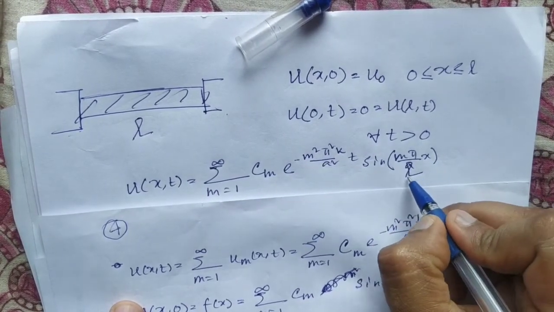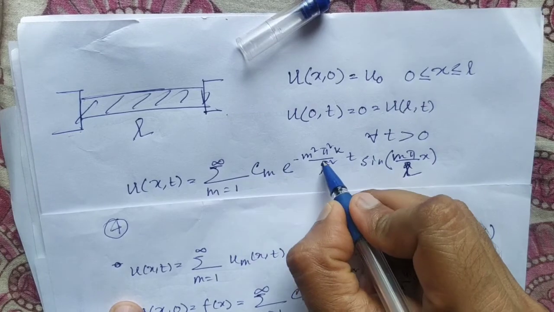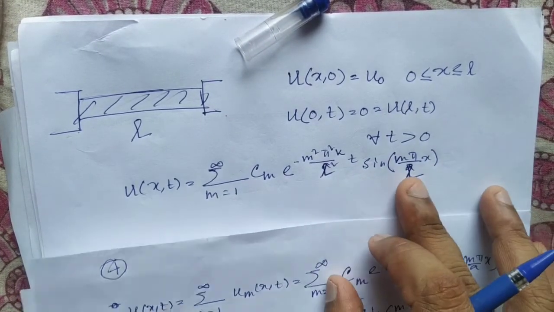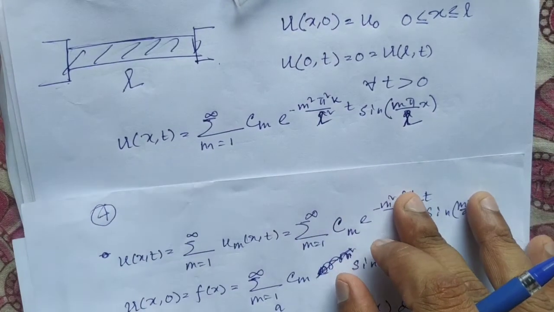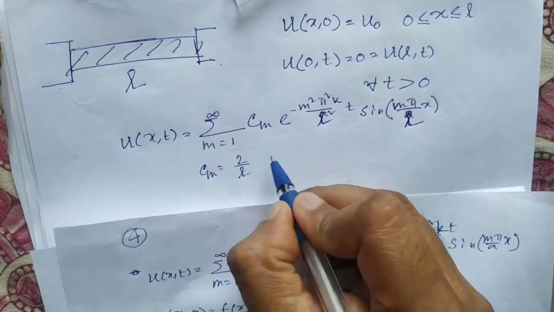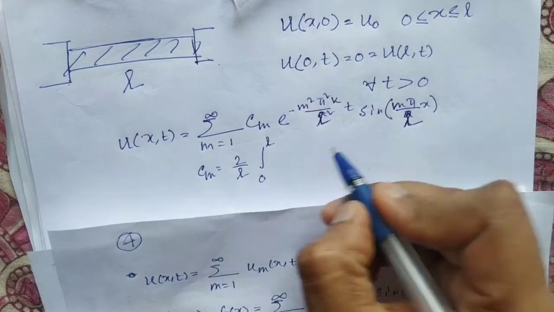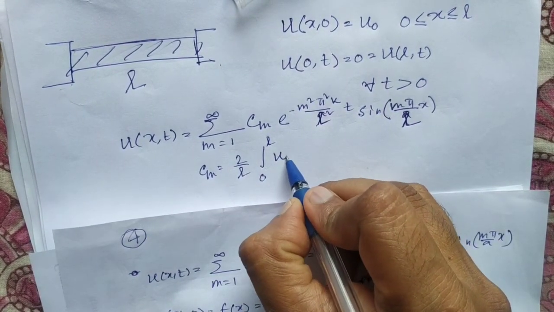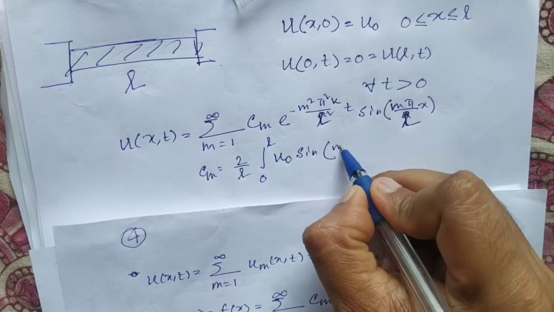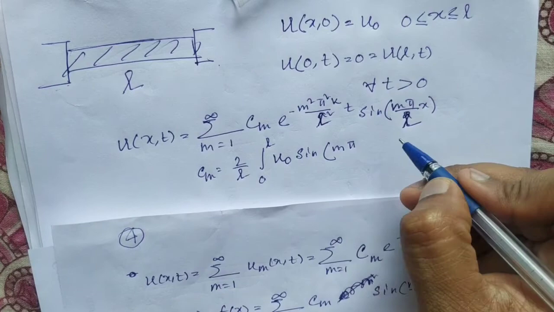This a should be replaced by L. So this is the solution for the current problem, and where your c_m is equal to 2 by L, integral 0 to L, f(x) is U0 sine n pi.